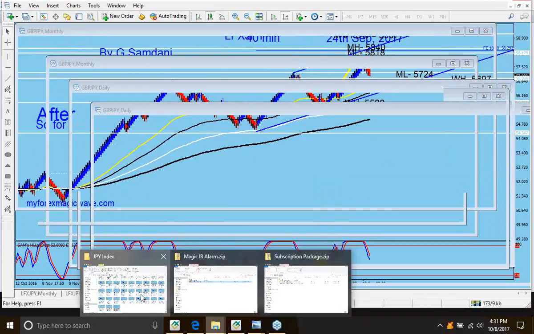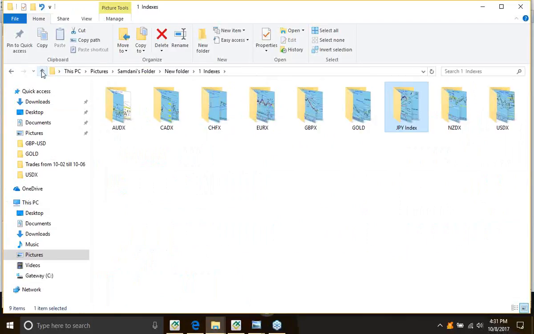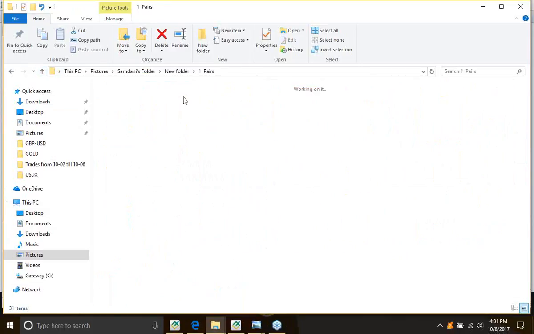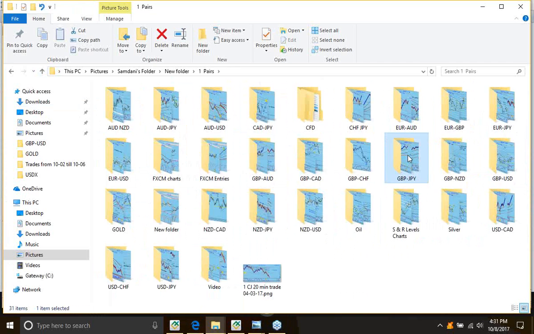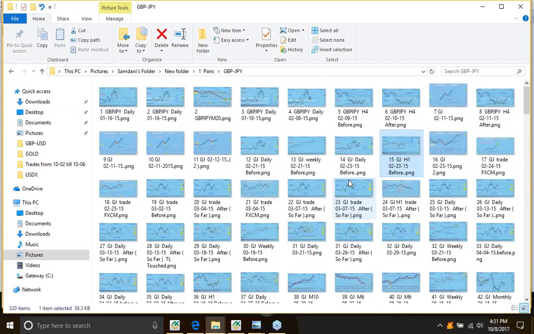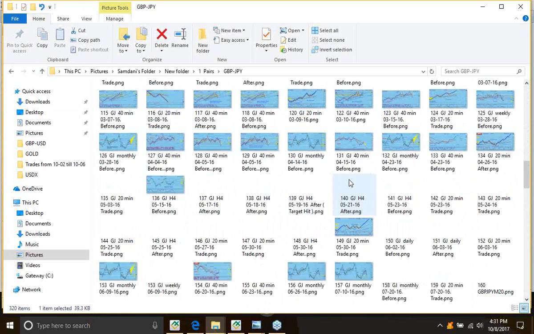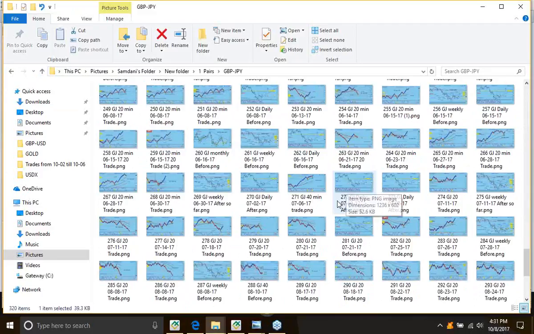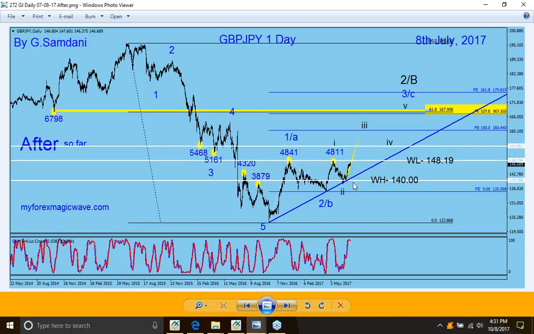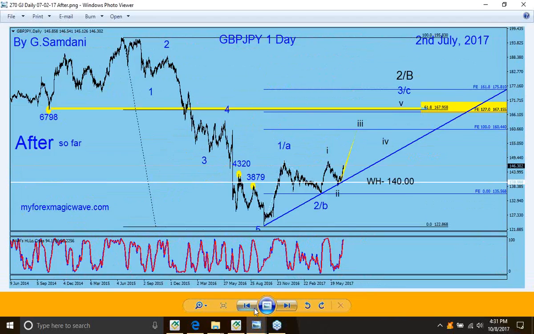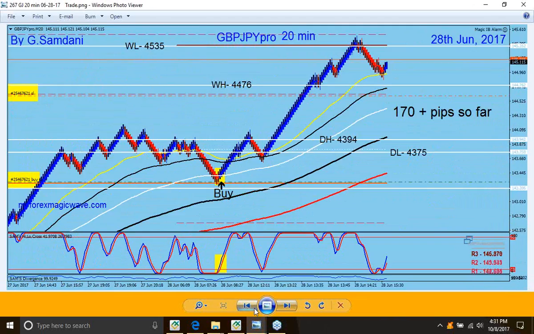Let's go back and take a look at the old pound yen charts, what we were looking to achieve in that pair. What was the target? Coming down here, this is probably one of those charts. But I want to show you where we started before.